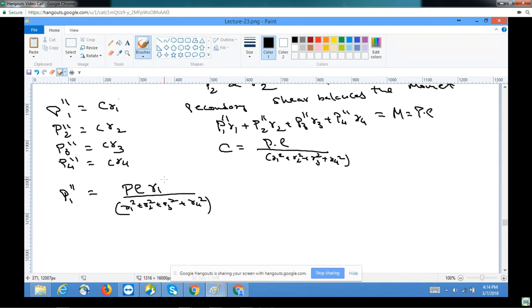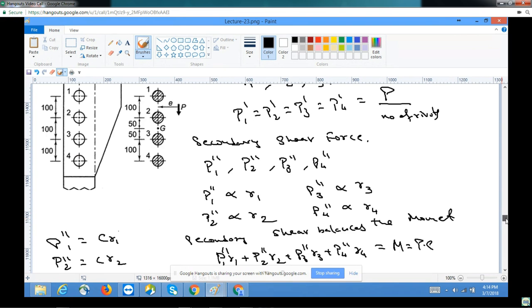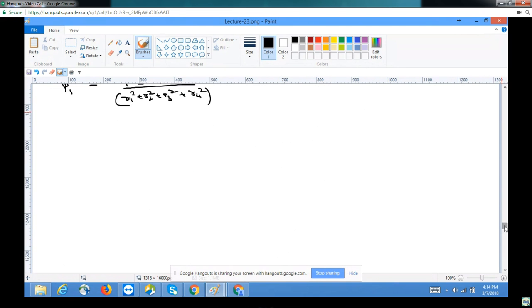So let us quickly solve this problem which we have seen and then determine the solution before we end today's class. Okay, so this is the problem. Our capital P in this case is 25 kilonewtons. Number of rivets is 4.